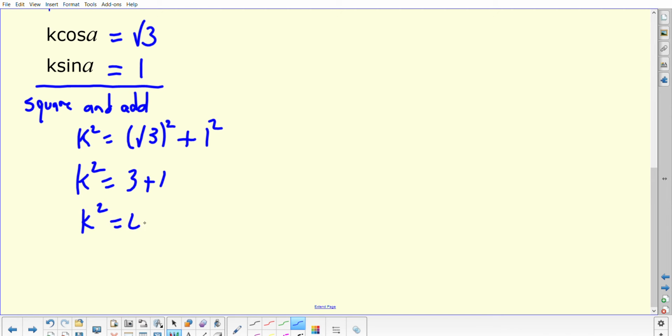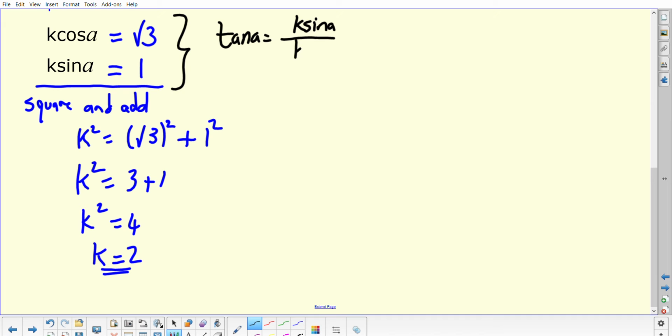So k squared is going to be 4, which means that k will have the value of 2. And of course we then need to work out our tan value, and the tan is worked out by the value for k sine a over k cos a, and in this particular instance that would mean that you should have 1 on the top and root 3 on the bottom.